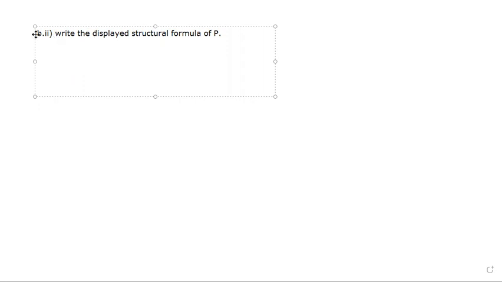All right, so B2 now, we're supposed to draw the displayed formula of compound P. If you remember, compound P was C2H6.